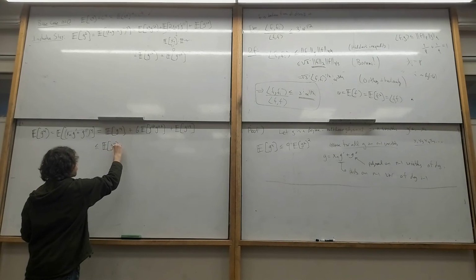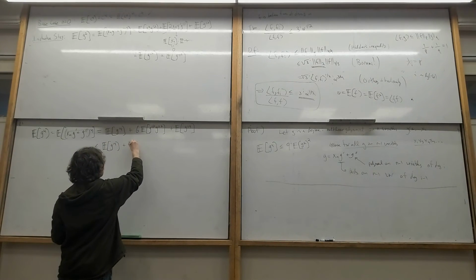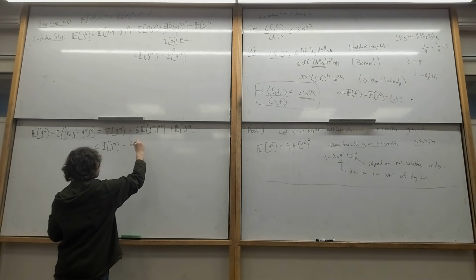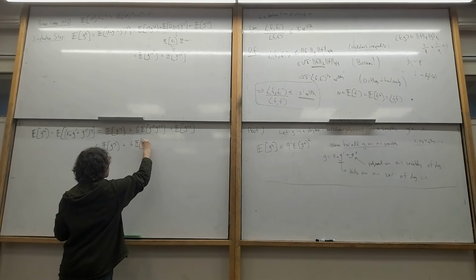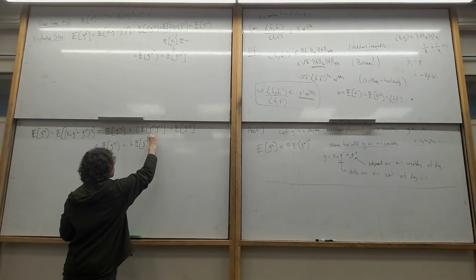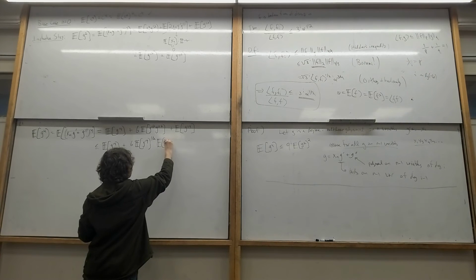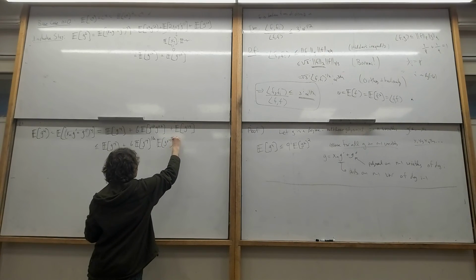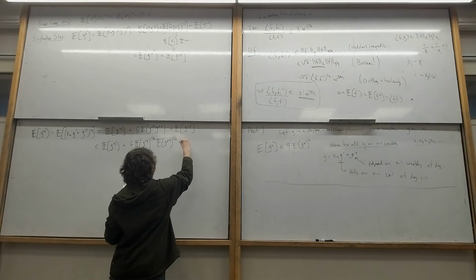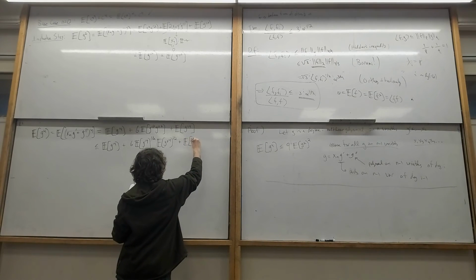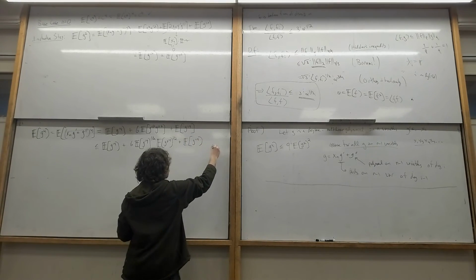Expectation g prime to the 4th plus 6 expectation g prime to the 4th to the 1/2 expectation g prime prime to the 4th to the 1/2, just using Cauchy-Schwarz, plus expectation g prime prime to the 4th.